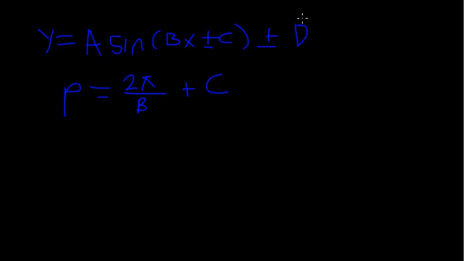And then this one here is nothing but the vertical shift. Let's take, for instance, if this is your sine diagram. Our a is the amplitude, meaning the maximum and the minimum.